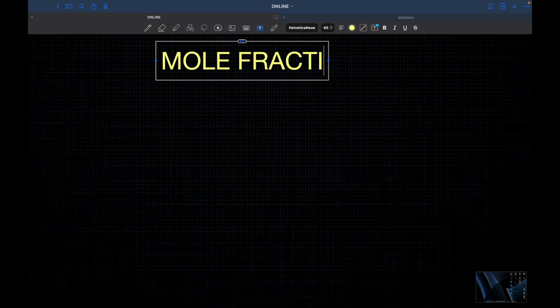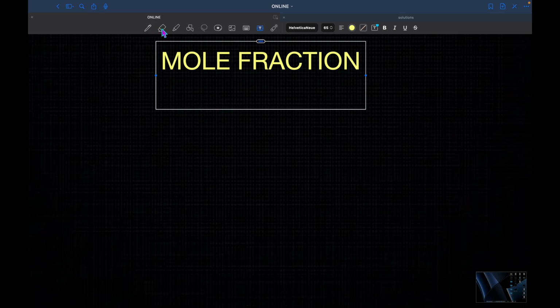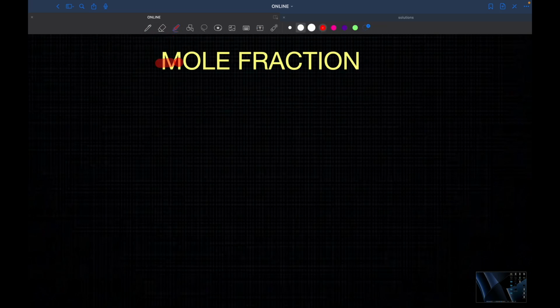Mole fraction. So the definition itself is related to moles, and we have to calculate its fraction, right? Generally we denote it by the symbol x, right?